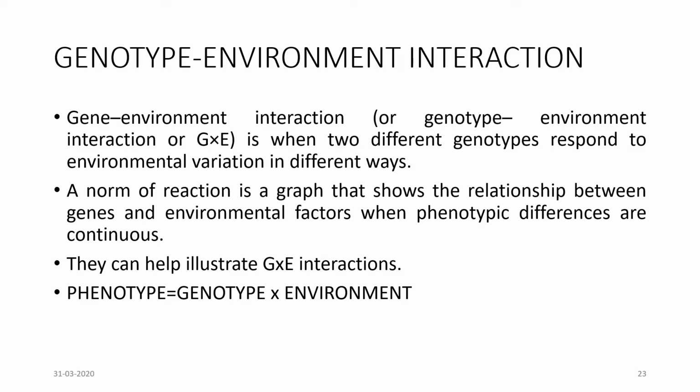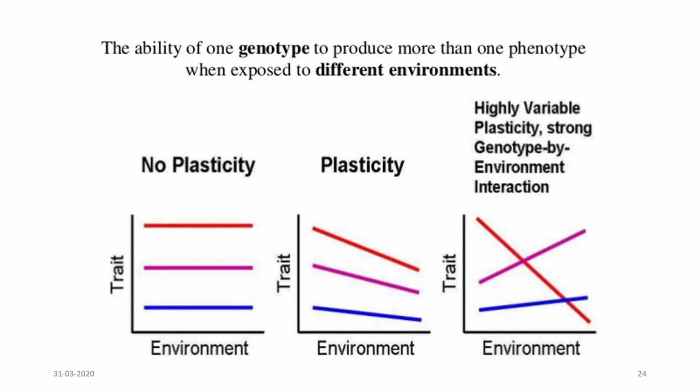A norm of reaction is a graph that shows the relationship between a gene and an environmental factor when phenotypic differences are continuous. So a phenotype, or the possible phenotype, is because of a genotype and environment interaction. The ability of this interaction can be shown in terms of correlation graphs.